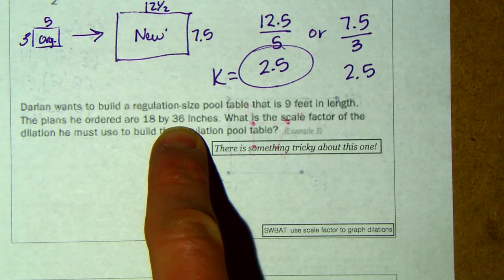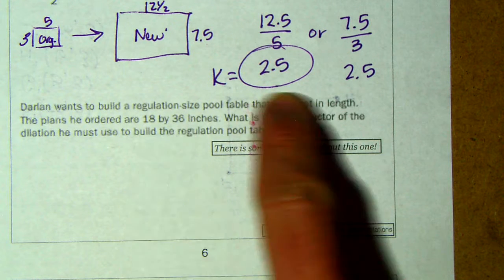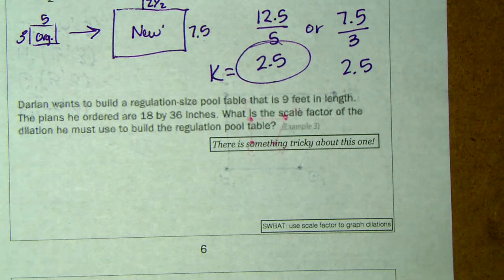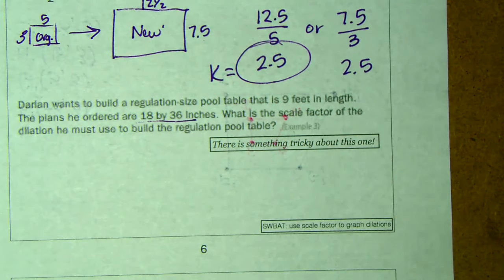We could convert feet to inches. Yeah, we could. But which one does 9 correspond to? It says 9 feet in length, and then it gives me 18 by 36. When they refer to length, if I'm talking about a rectangle, which one do they usually refer to? The longer of the two, right?